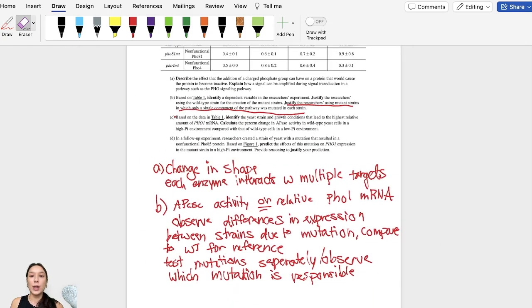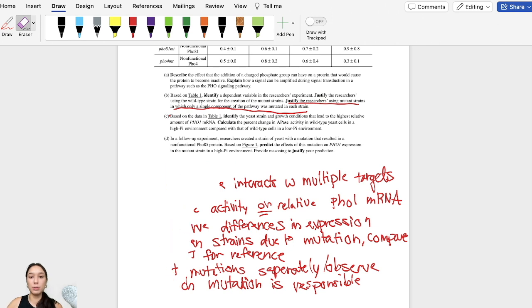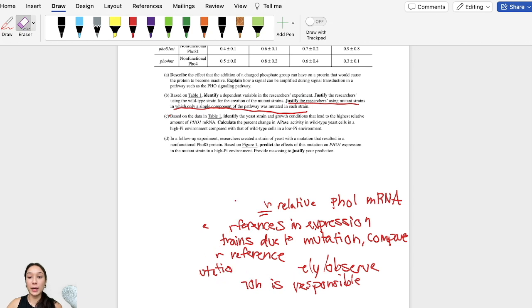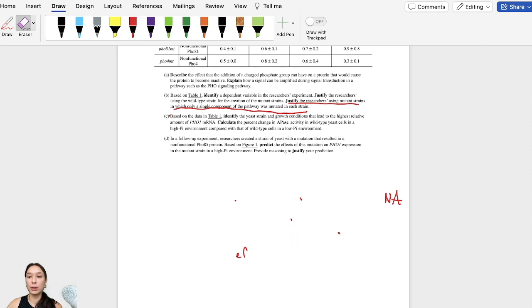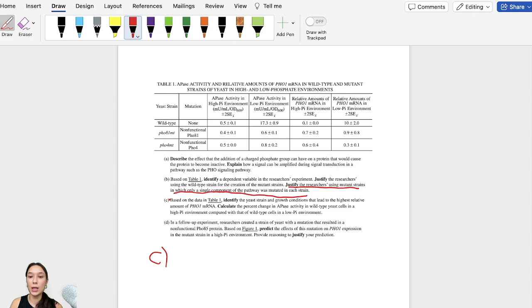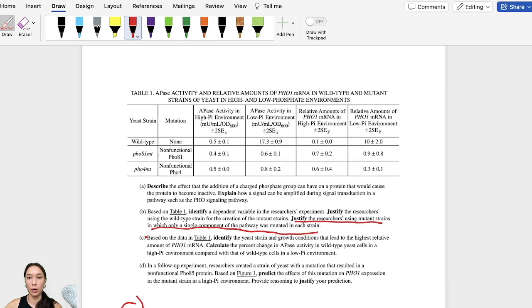Alrighty, so now for C, I'm just going to get rid of this to make more room. C says, based on the data in table 1, identify the yeast strain and growth conditions that lead to the highest relative amount of FO1 mRNA.